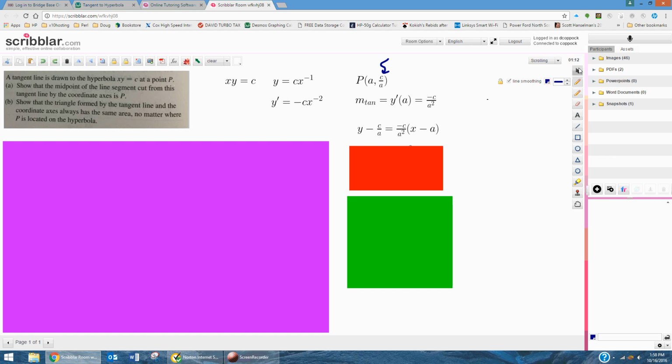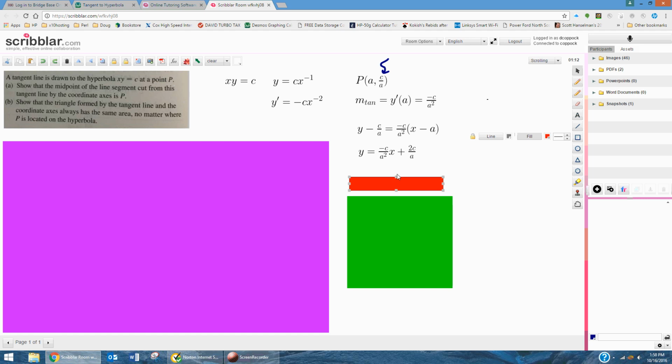Now you can simplify that so it's easier to work with by distributing this minus c over a squared times each term inside the parentheses, then adding c over a to both sides to isolate y, and you get y equals minus c over a squared times x plus 2c over a.